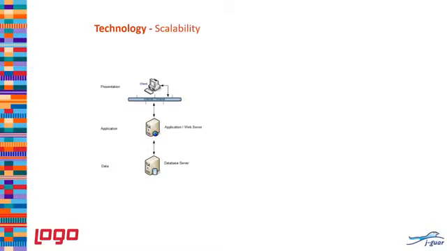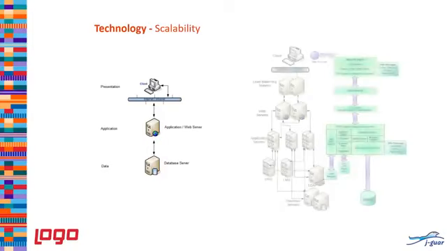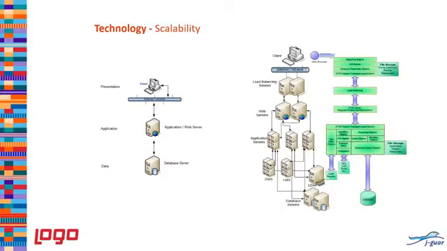But as the customers grow bigger, that means the number of users is enlarging and all that, then you will be having a little bit more complicated networks such as this. Now, what is the benefit of scalability? The benefit is that when you start small, you don't want to invest humongous amounts of money into the hardware.